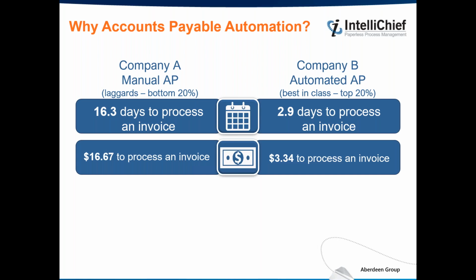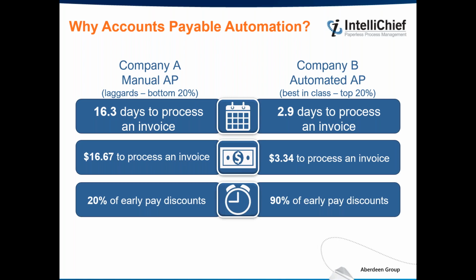Cost is made up of labor, time spent, and a lot of different things, and that best-in-class AP organization is processing invoices at a cost of $3.34 versus almost $17 for the laggard organizations without automation. So that jumps off the page. If you were just to take your annual invoice volume and extrapolate that out, what would that number look like to you? Then you can dive into the details of that afterwards.